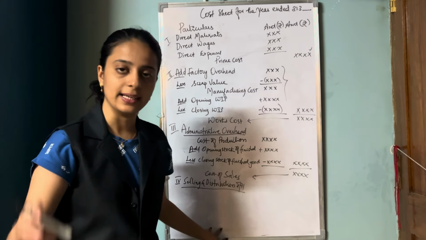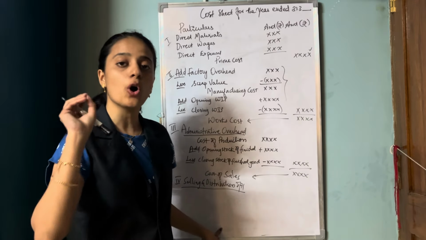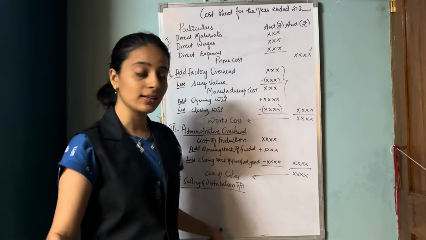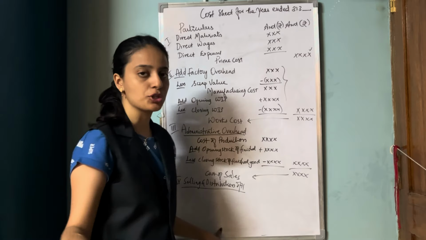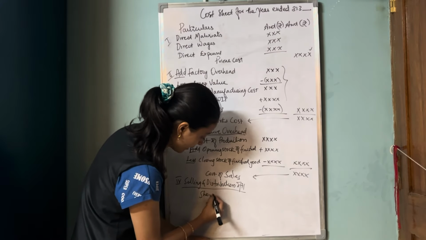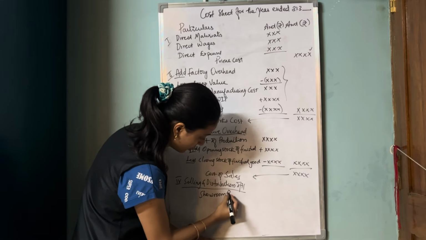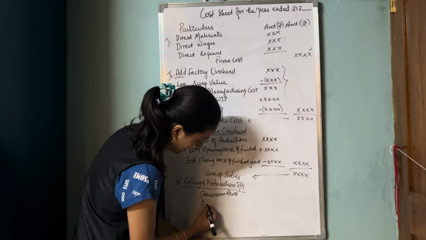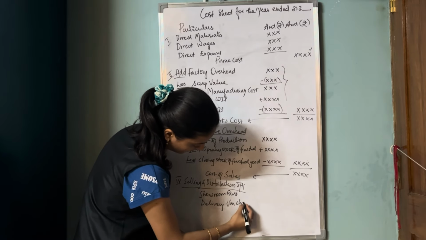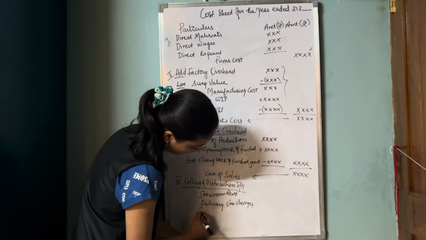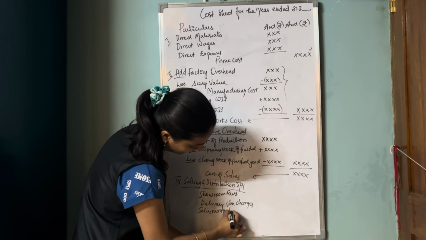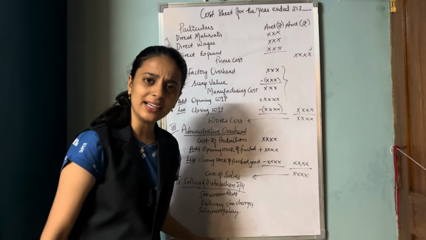In this category, we take into account all the cost which we incur while selling and distributing our products. It might be showroom rent, delivery van charges, okay, salesman salary.